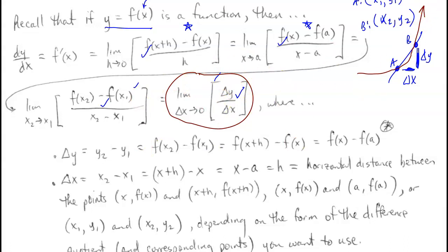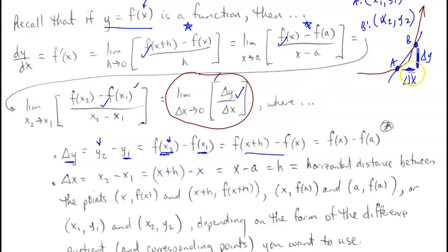So we see here that the change in y, or delta y, is the difference between y2 and y1, which is the same as the difference between f of x2 minus f of x1. And of course, y2 here is just the result whenever I plug x sub 2 into my function. And y1 is the result whenever I plug x sub 1 into my function.